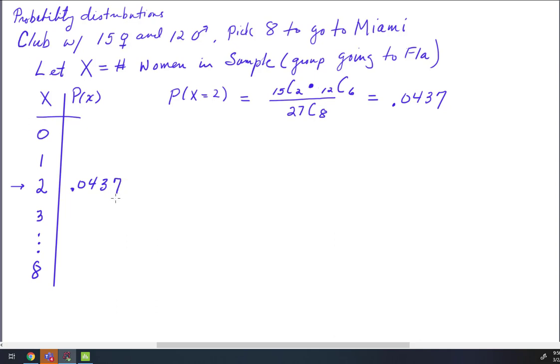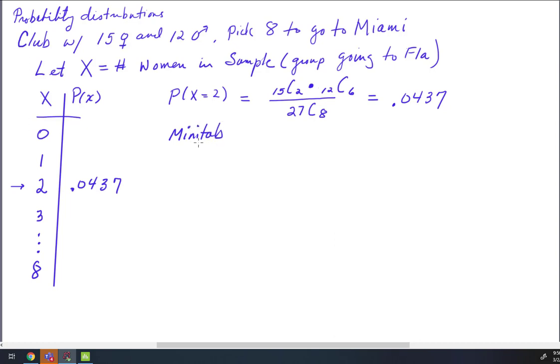Now, we're not done calculating this probability distribution, because we've got to calculate it for 0 and 1 and 3 and 4 and 5 and 6 and 7 and 8 in order to have the complete probability distribution. Well, we're going to do that with the help of Minitab.